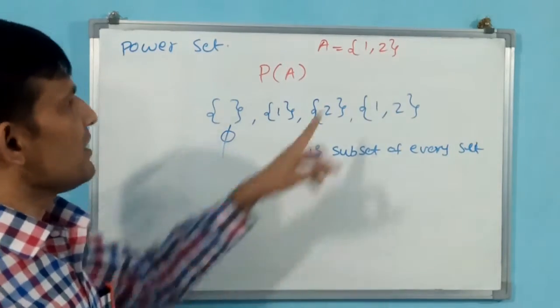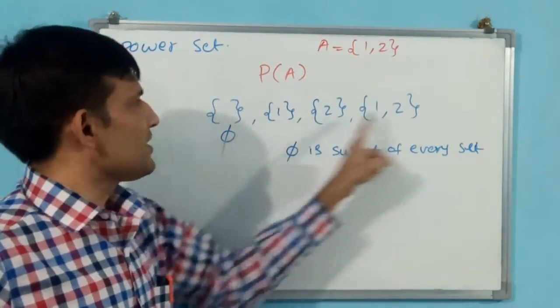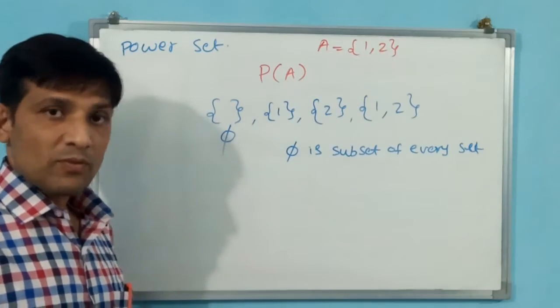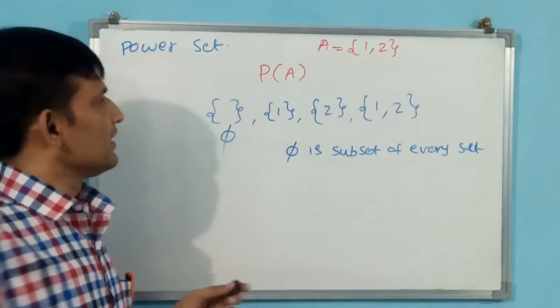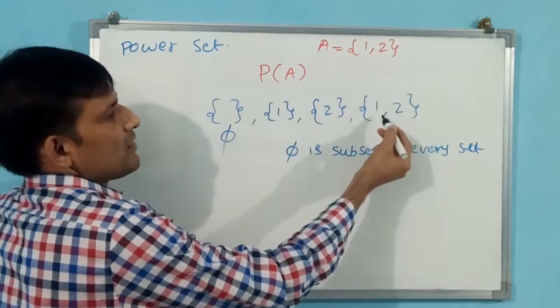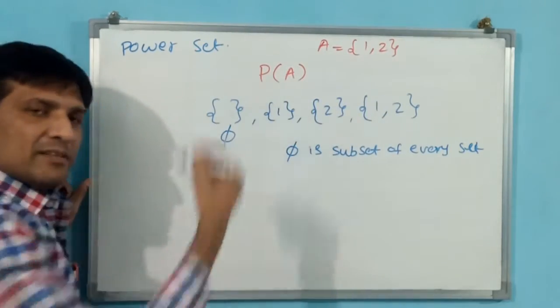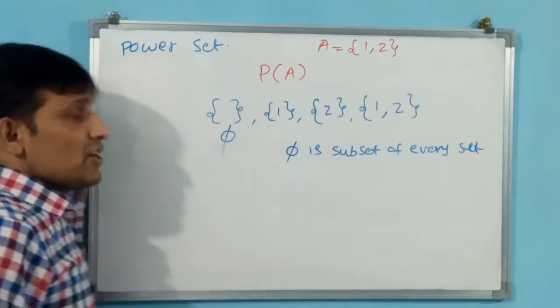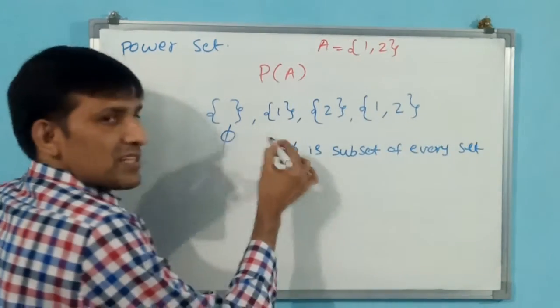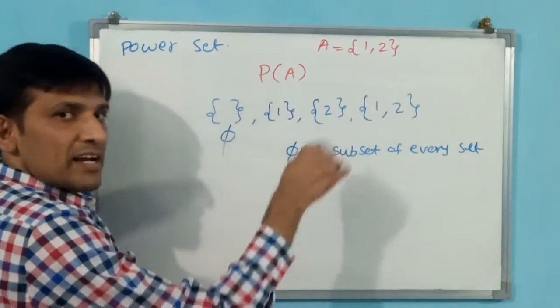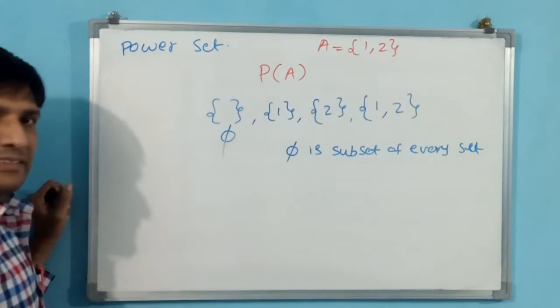Now you tell me, if two elements are there, how many subsets have come? Four have come. Two elements are one set, one element one set, another element one set, empty set one set. These are all subsets. Together they are called the power set.